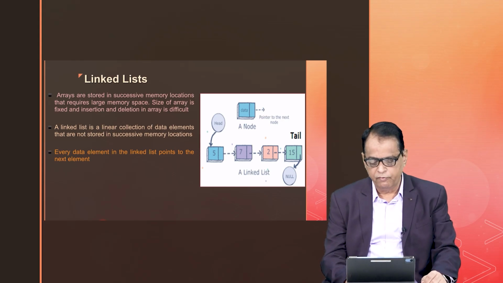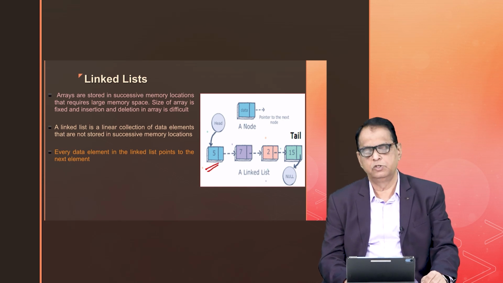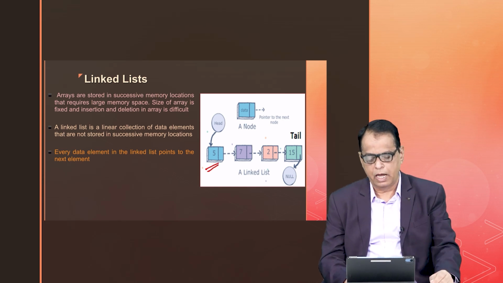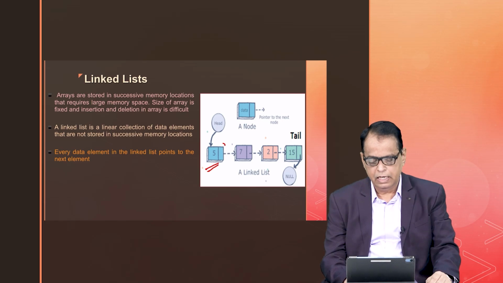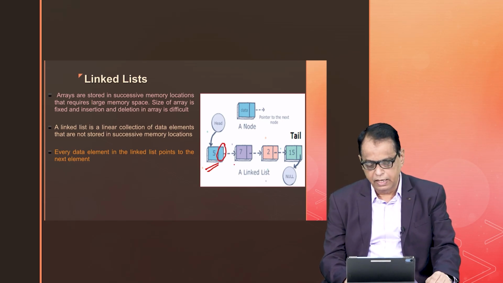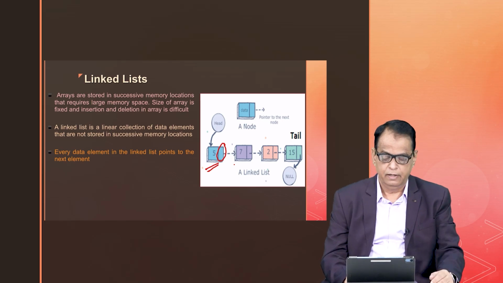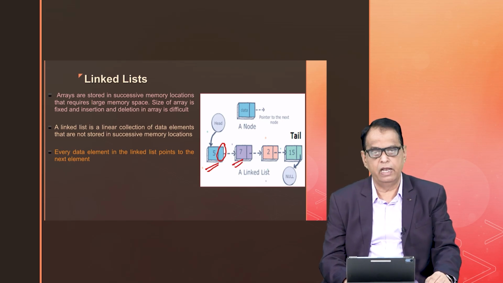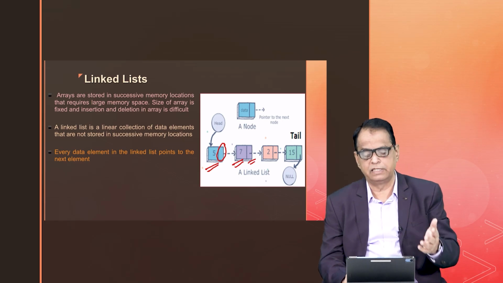Now, head will point to the first element. Suppose, as shown in this diagram, my first element is 5, of which the value is 5, and there is a link provided in the first element, and the link will point to the next element. The next element has the value 7, and there is again a pointer which will point to the next element.